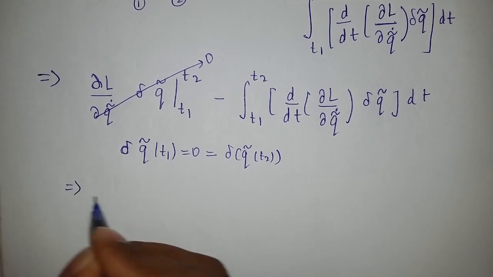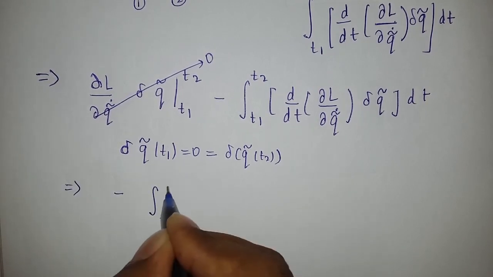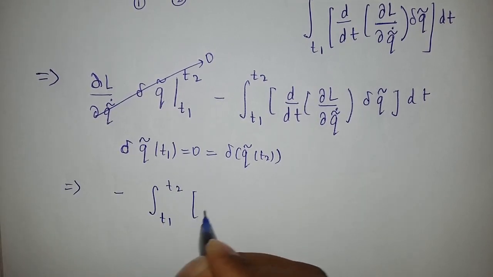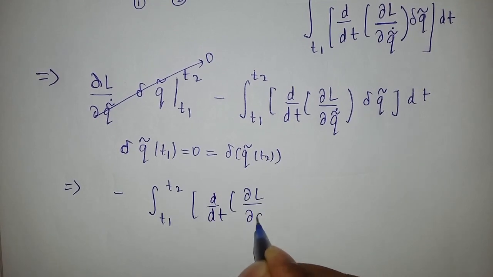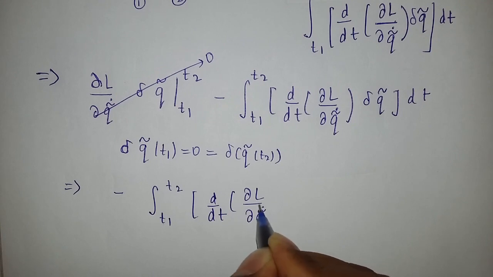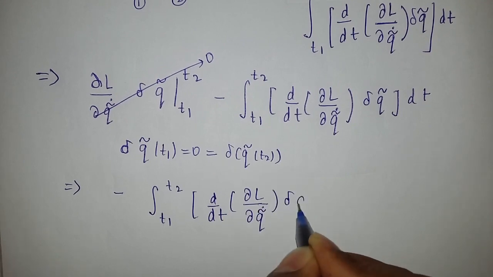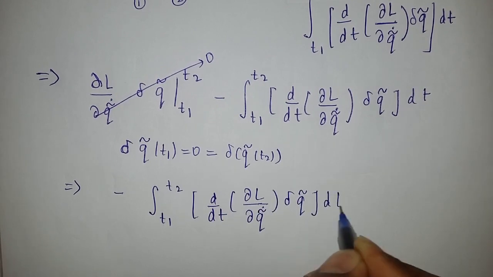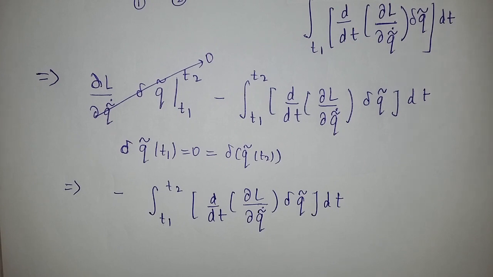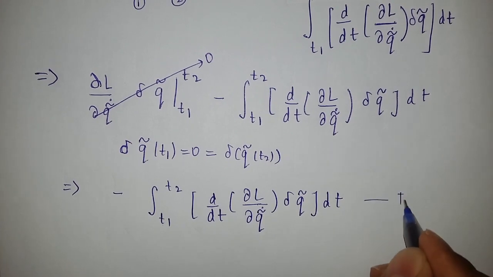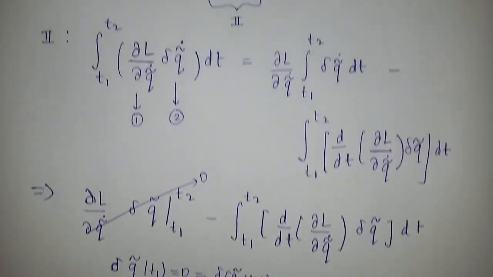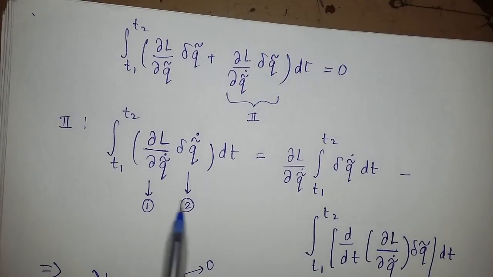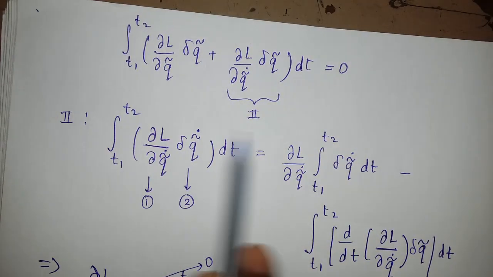We are left with minus the integral from t1 to t2 of d by dt of dou L upon dou q tilde dot times delta q tilde dt. So this was our second expression from this equality.